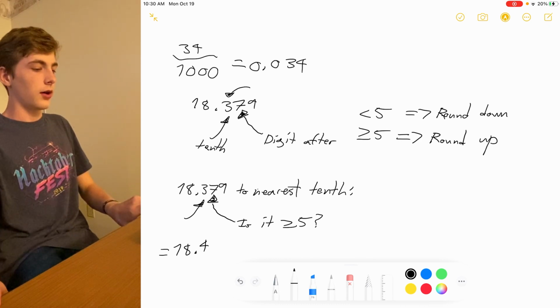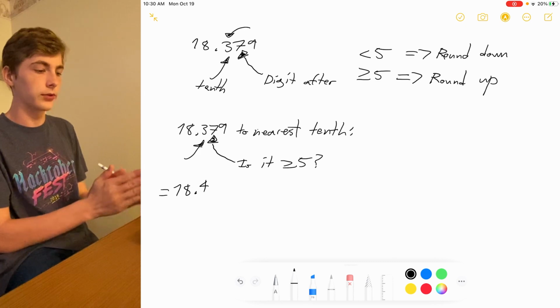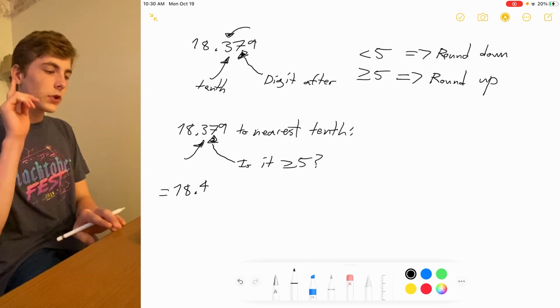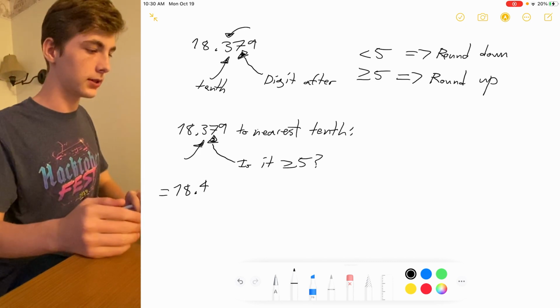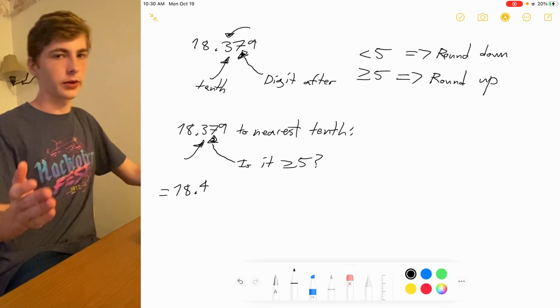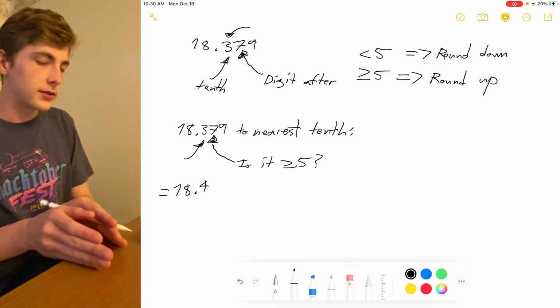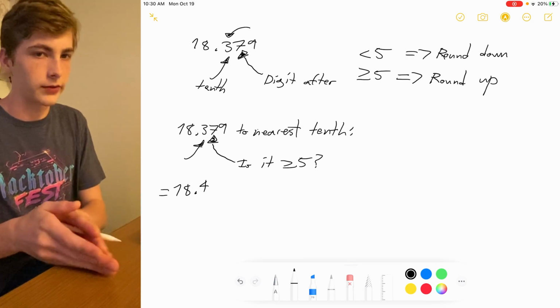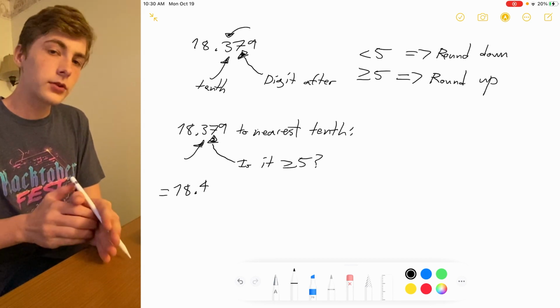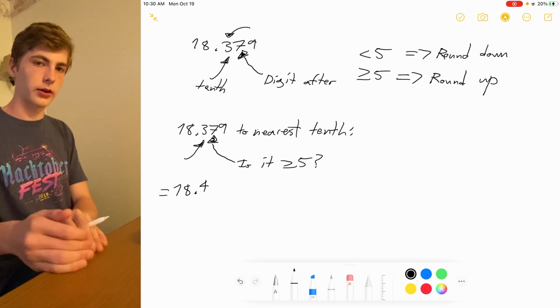And now we have our rounded decimal to the nearest tenth. The reason we do this is, if you ask why is it a 4 rather than just being a 3, it's because since we have this 7, or really just the 7 is what matters, after the 3, it means we're actually closer to 4 than we are to 3, right?